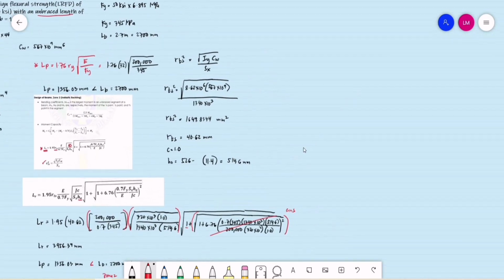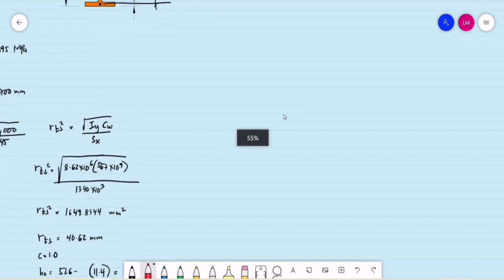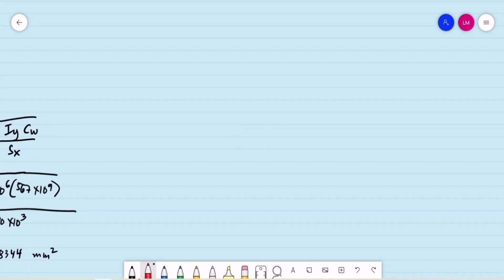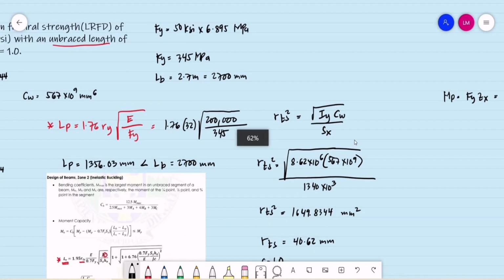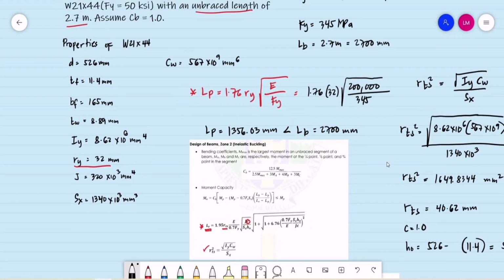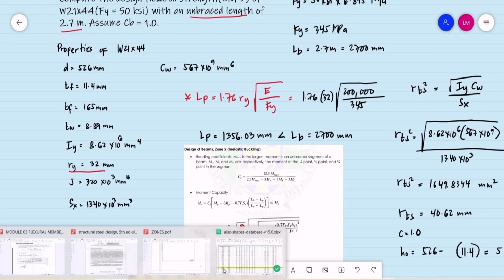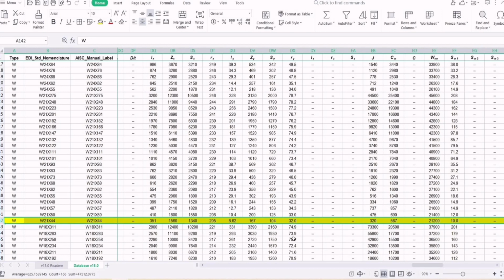So let us compute the equivalent of M sub P. Our M sub P is equal to Fy multiplied by the plastic section modulus with respect to the x-axis. So this is equal to 345 megapascals multiplied by, what is our Z sub x? We don't have that value, so we go back to our database.